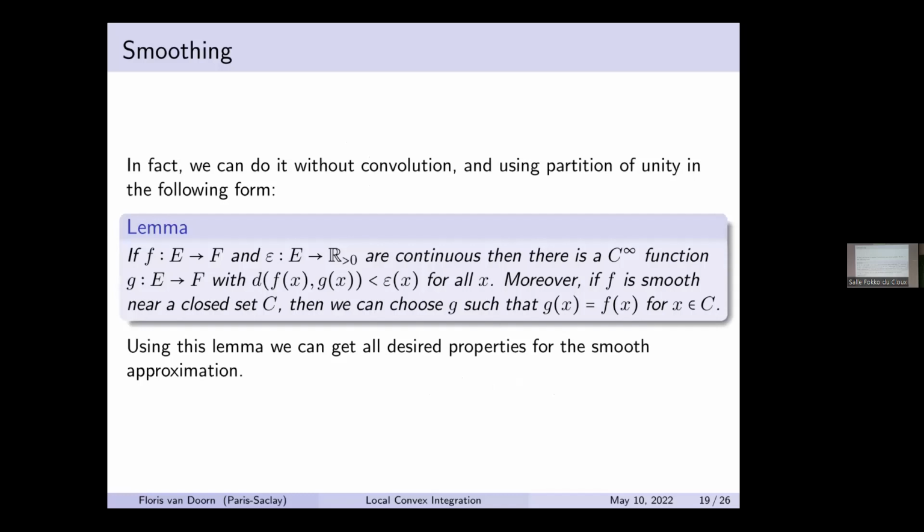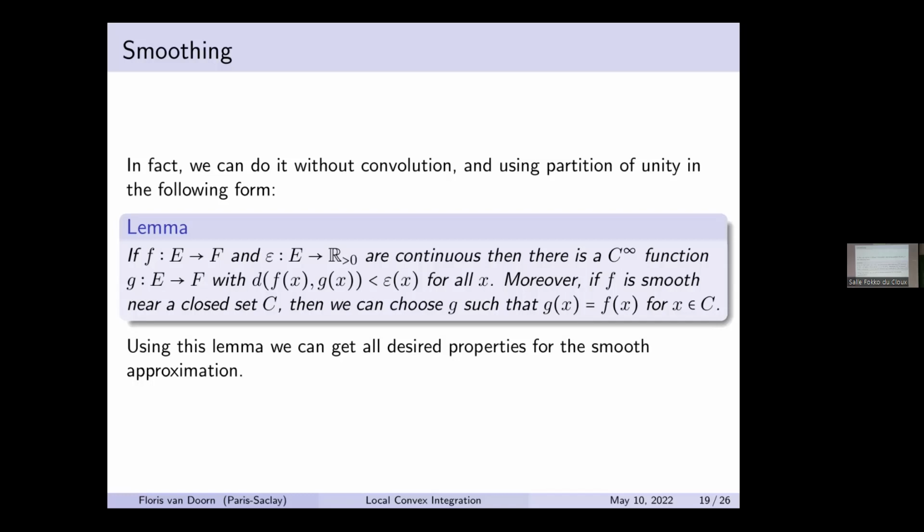So if I have a map, this is a lemma we proved using the partitional unity that Patrick proved, and this is really the idea that partitional unity gives you, namely that if you have some convex property and you can find local solutions, then you get a global solution.